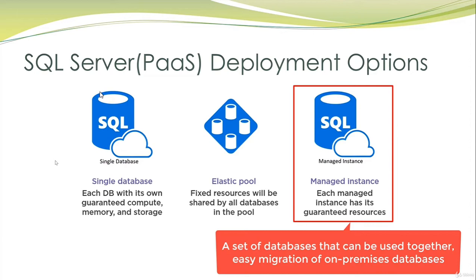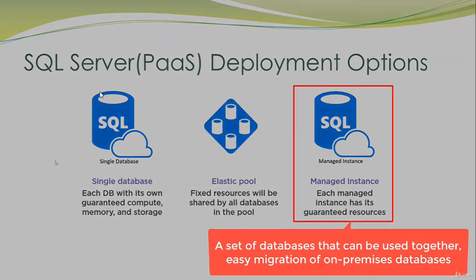And then all of the instance databases running on that managed instance database server share whatever resources are available. So I have this collection of databases running on a dedicated instance of SQL Server for my environment. And finally, as I said, each managed instance has its guaranteed resources.